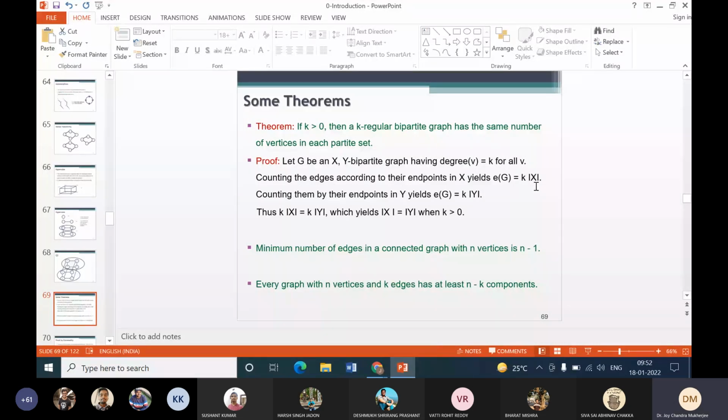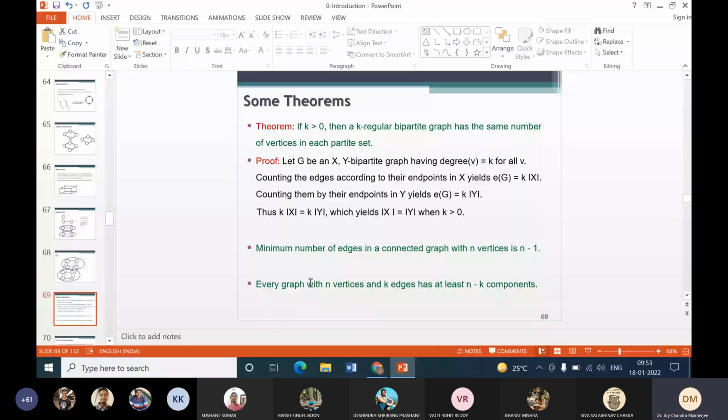Similarly, counting the edges by the endpoints in partite Y also gives the number of edges equal to k times mod Y. Since this is the same graph, k times mod X equals k times mod Y. So k cancels out, and mod X equals mod Y. It means that both partite sets have an equal number of vertices.